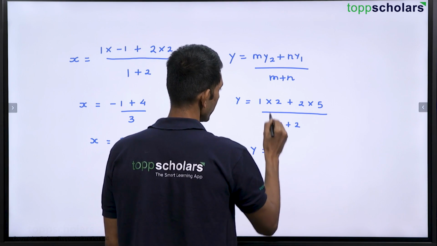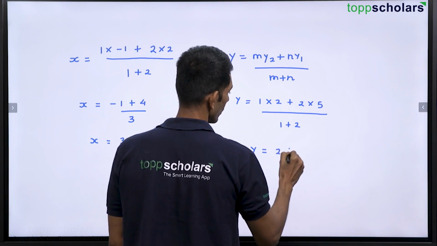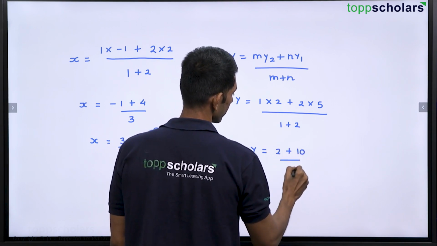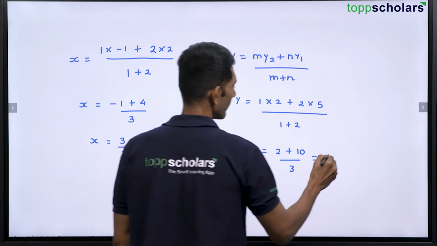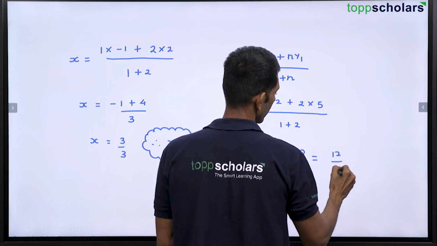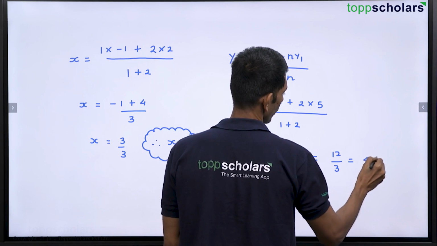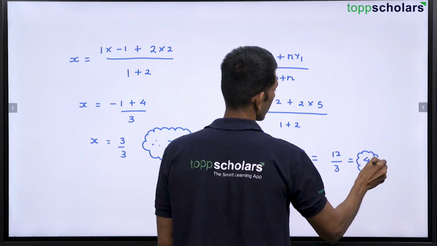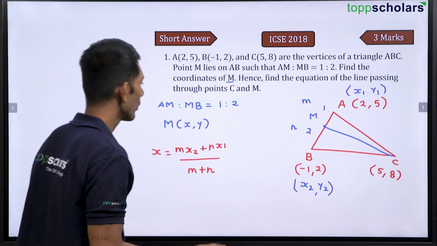So can I say y will be equal to (2 + 10)/3, that is 12/3, and 12/3 is nothing but 4. Okay, we got the values of x and y, 1 and 4.